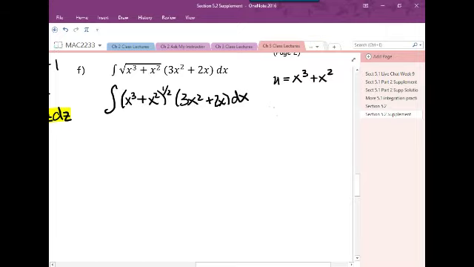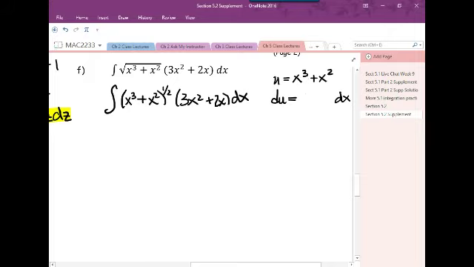Okay, now we're going to find our differential, which is just du, which, by the way, always has a little dx on the end of it, or whatever the variable is. So in this case, the differential du is just the derivative, but with a dx on the end.